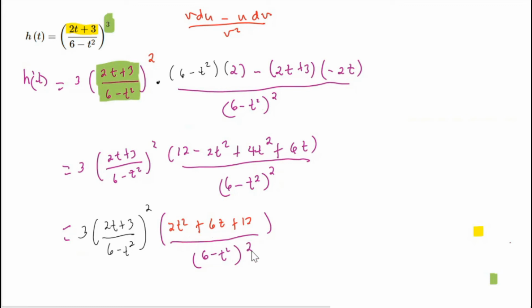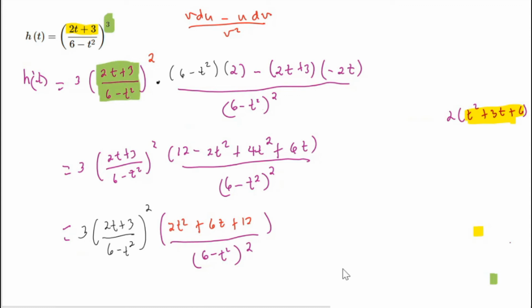I will just write this as my scratch. So I can write now 2 times (t² + 3t + 6), since 12 divided by 2 is 6. But looking at these factors, I cannot factor it further so that I can make a cancellation after that.